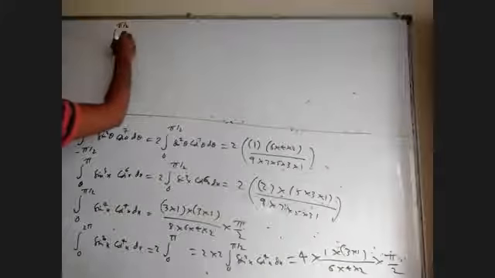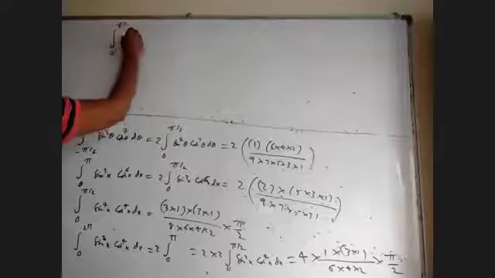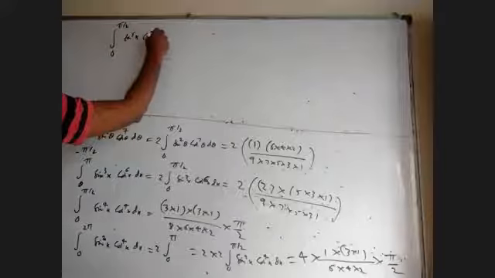Integral from 0 to pi by 2 of tan power 5x cos power 8x dx.